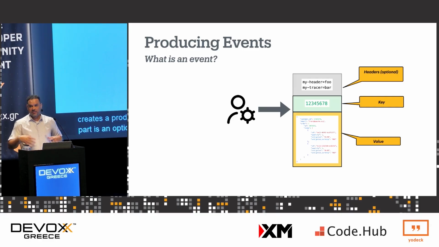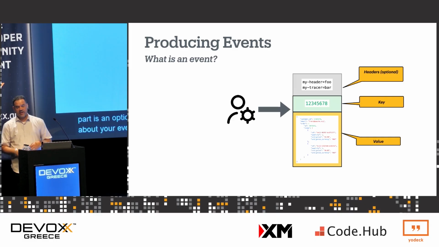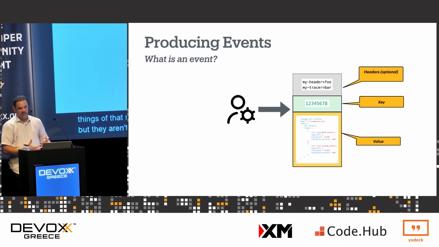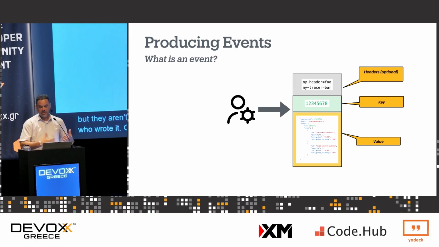Think of it as metadata about your event. It could be used for things like distributed tracing or routing, logging, things of that nature that you want to convey throughout the process of the event system, but they aren't really a part of the value of the application. It may be metadata about who wrote it, or related information to that event from the writing system.